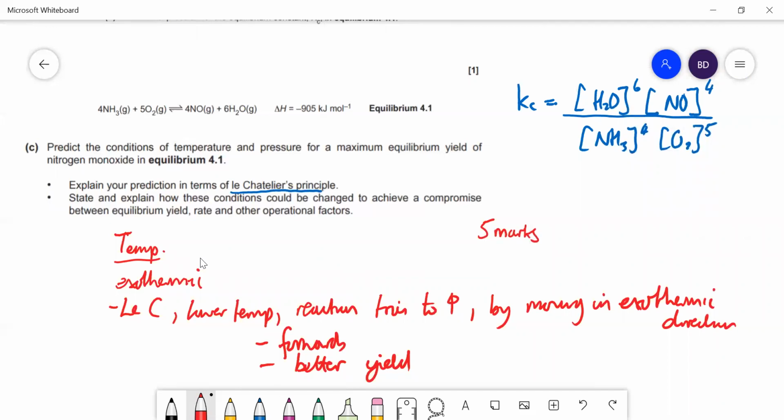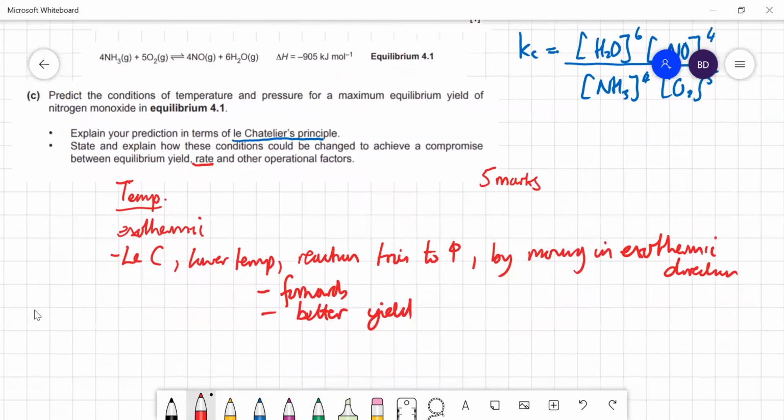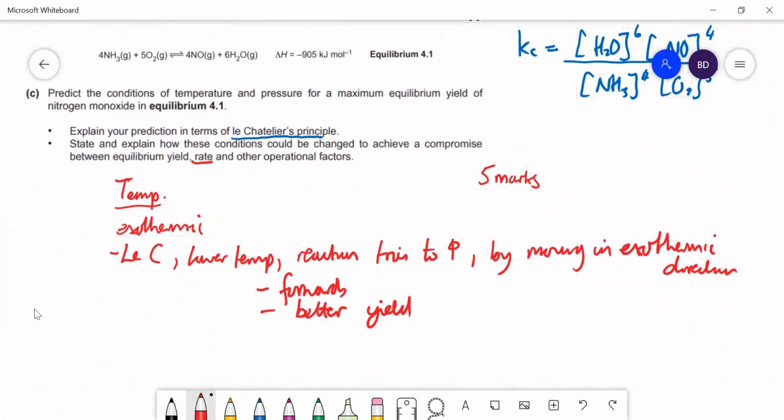Now, why might that not be done at a low temperature? Well, this is because it's a balance between yield and rate. Probably it's done at a high temperature, not a really low temperature, because at a low temperature the rate of reaction will be too slow. You'd get a very good yield of NO at equilibrium, but you'd have to wait an awful long time for it to reach equilibrium, forever. So that's why the temperature might not be too low.